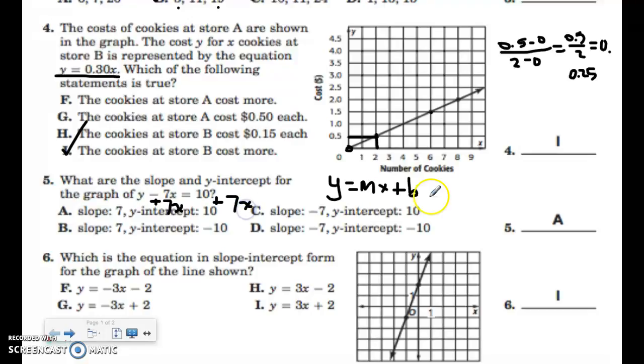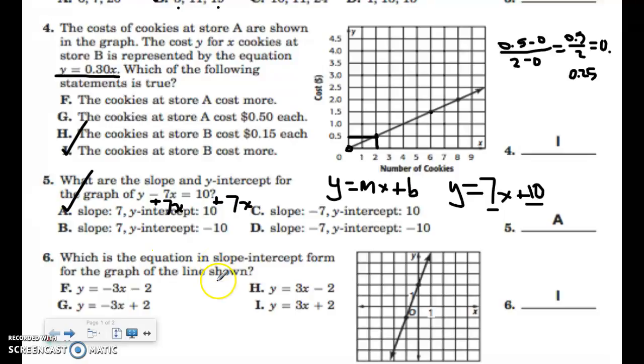If I do that, I get y equals 7x plus 10. So the slope is 7, the intercept is positive 10. Slope of 7, intercept positive 10, A.